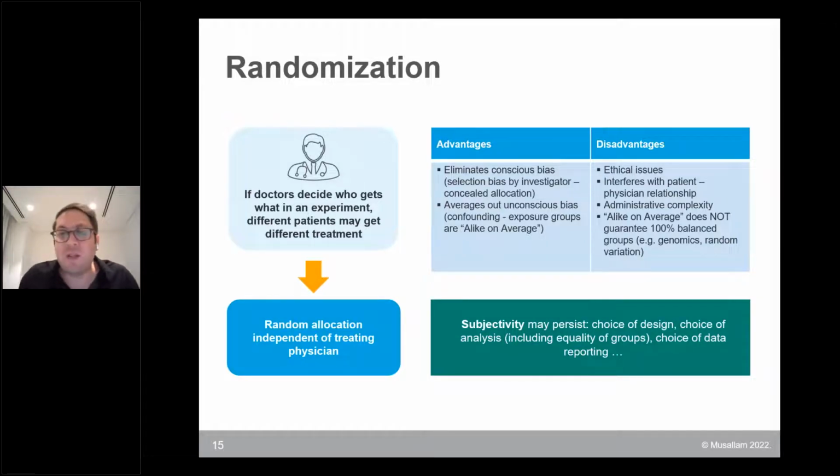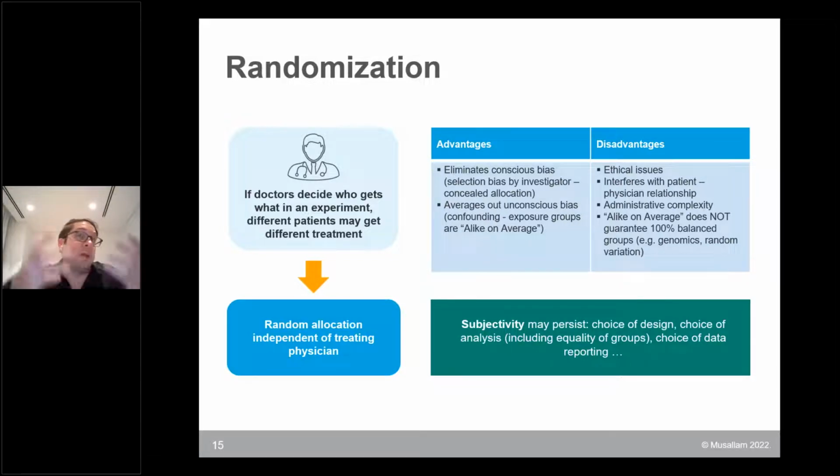Obviously, there are disadvantages to randomization. Sometimes it's ethical issues. This is a long list of things about whether it is fair to randomize patients and not give them a certain drug based on their condition. Sometimes it interferes with the patient-physician relationship, because patients come to you as physicians expecting you to give them a drug for their treatment.